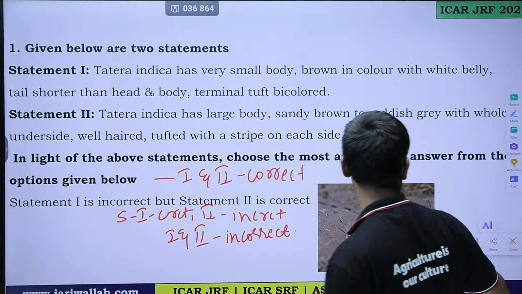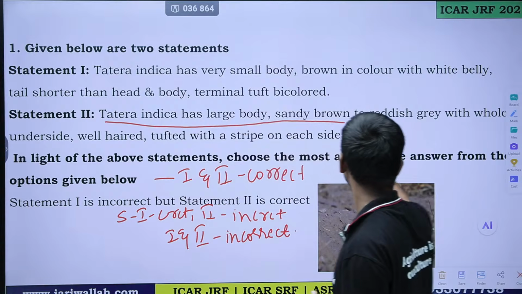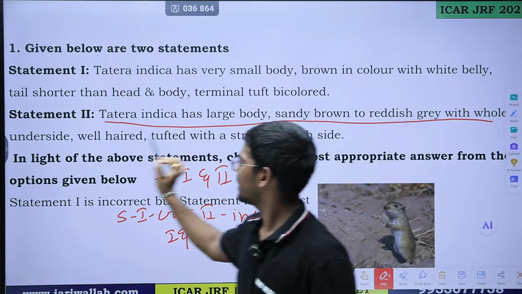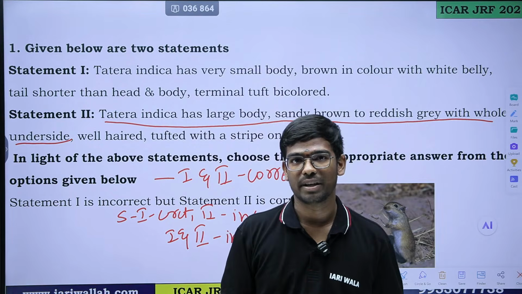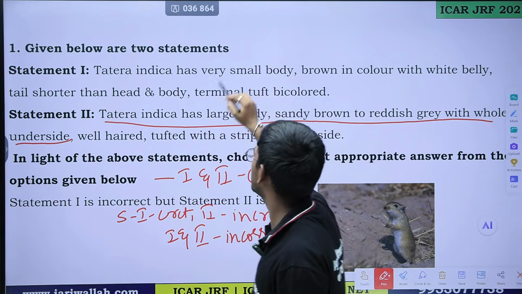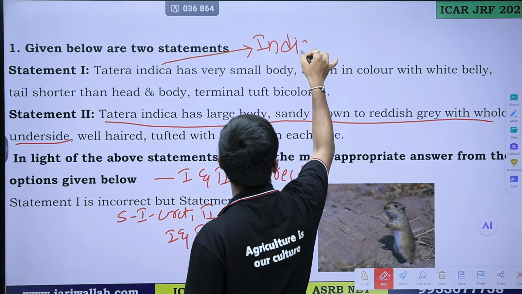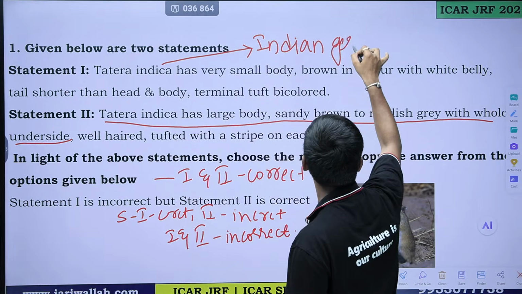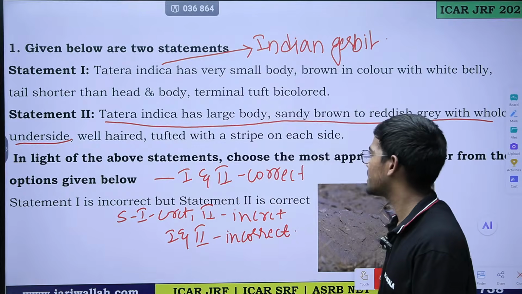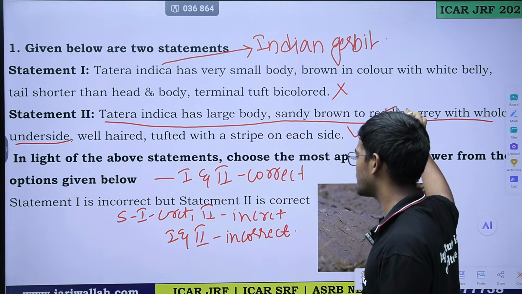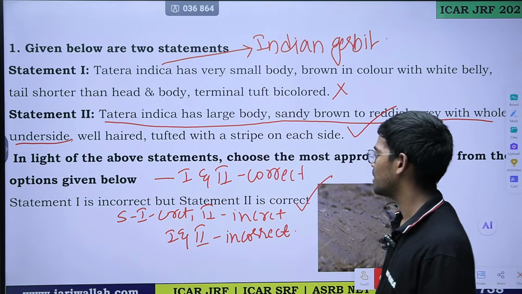Exactly this sentence, reddish grey with whole underside, you can find as it is in the EEE book in the case of non-insect pest. You should know that Tatera indica is the Indian gerbil. So statement 1 is incorrect and statement 2 is correct.